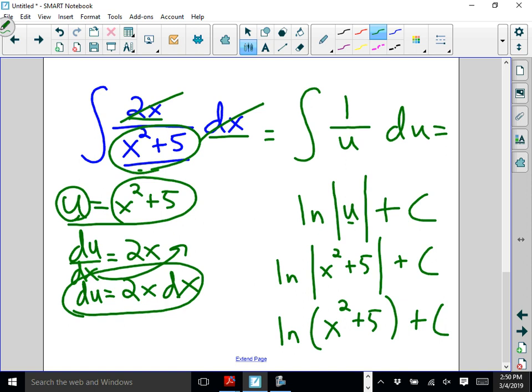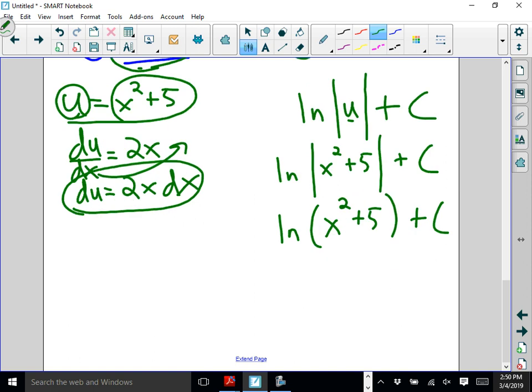when we talked about doing integrals, I always said, go ahead and do the derivative of your answer to make sure that it matches what you started with. Right? If I had to do the derivative of the natural log of x squared plus 5, this would be a chain rule.